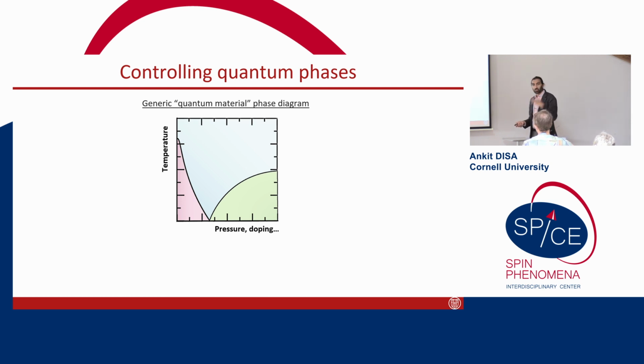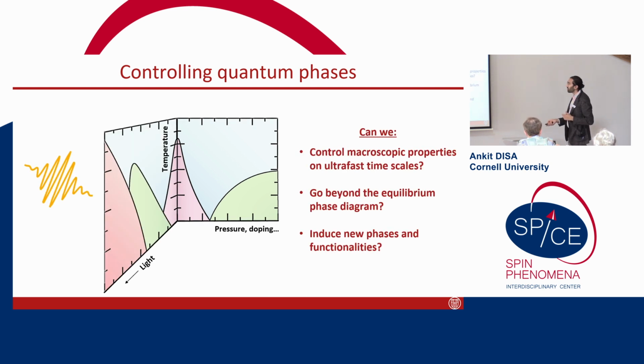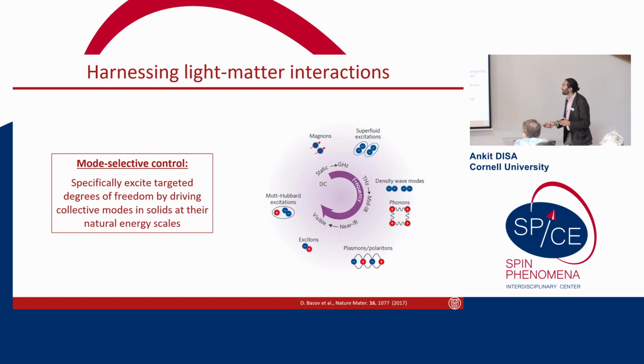And of course, as many of us do, the way we do that is by applying ultra-short light pulses that allow us to dynamically drive the system out of equilibrium and access new phases and functionalities that don't otherwise exist, that can happen on ultra-fast timescales and, in many cases, give rise to properties that are beyond what are possible in the equilibrium setting.